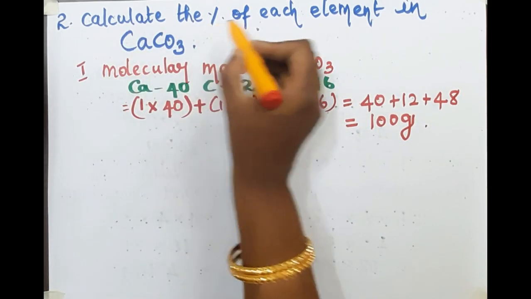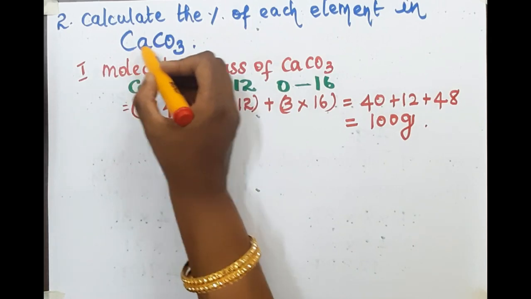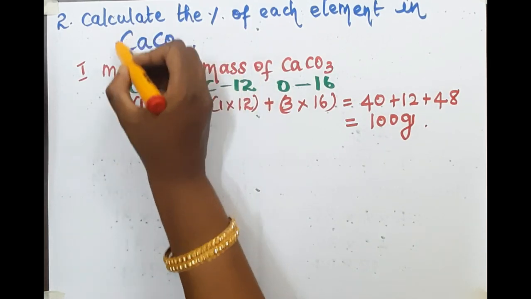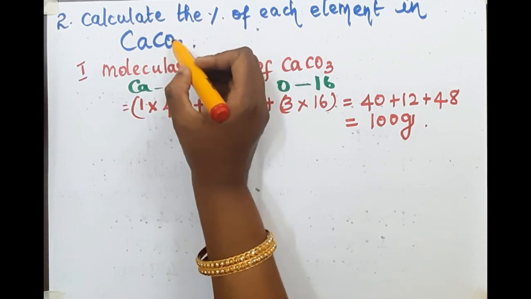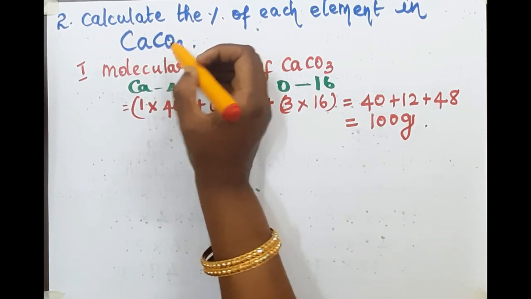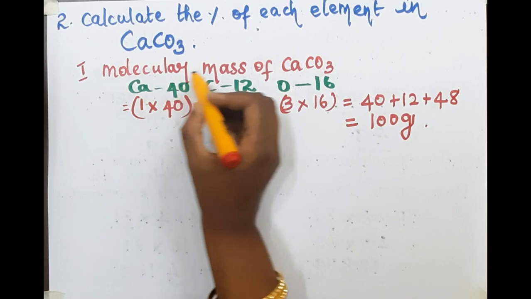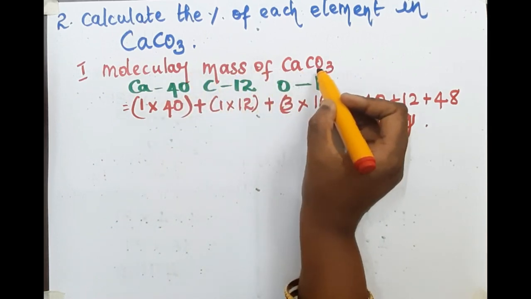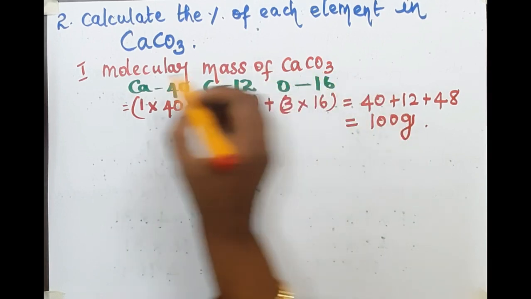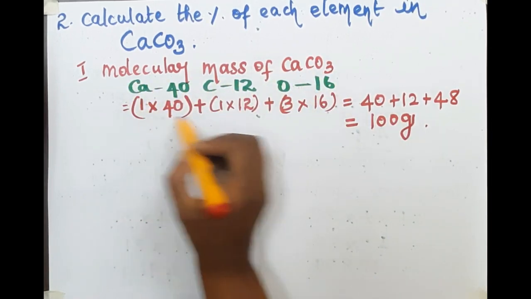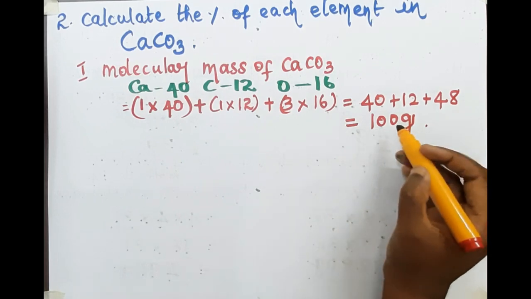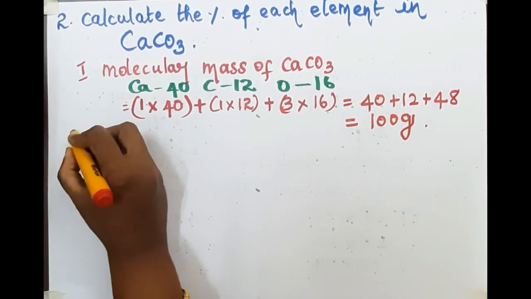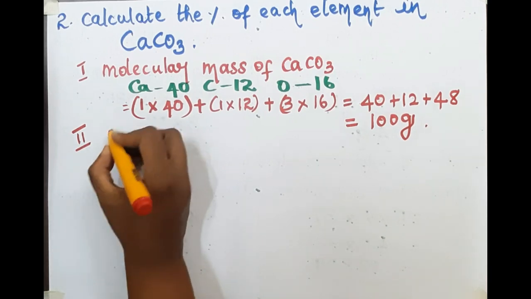Children, calculate the percentage of each element of CaCO3. We are going to calculate the percentage of calcium, percentage of carbon and percentage of oxygen in each case. Okay. Now, first step is to calculate the molecular mass of CaCO3, which we have already discussed in our last problem, the same problem. So we have found out as 100 gram. Now, we are going to see the second subdivision.